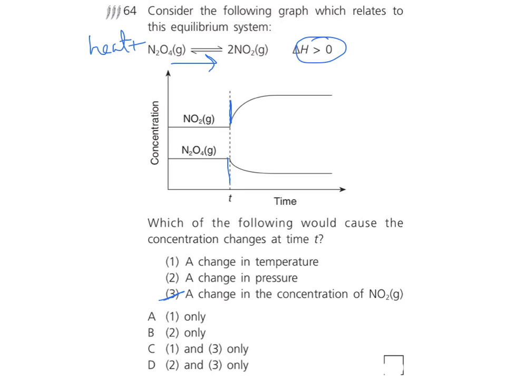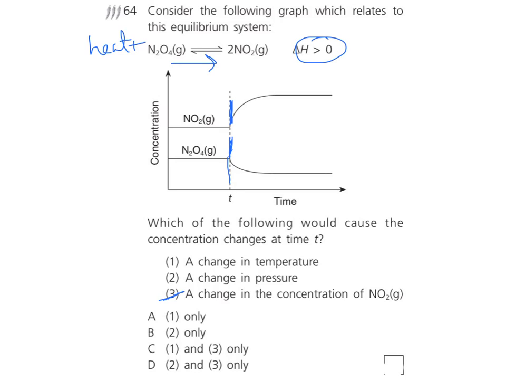Changing pressure might seem tempting, but if we suppose we were to decrease the volume of the container to increase pressure, well, decreasing the volume of the container would have caused a sudden increase in concentration of both substances. Then we would see a shift.